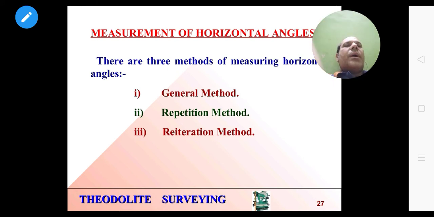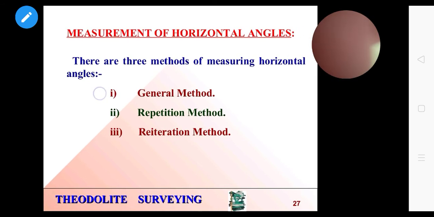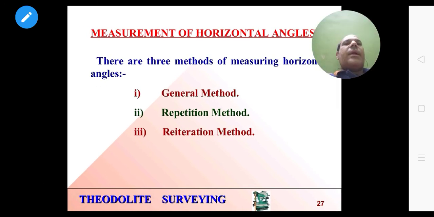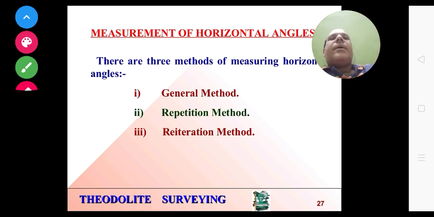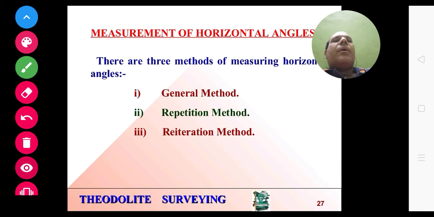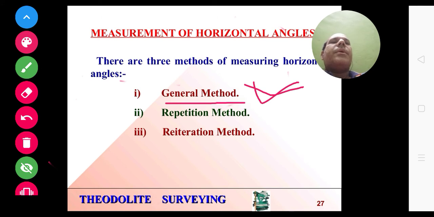Now, how to measure the horizontal angle with the theodolite. The first two methods are there in your syllabus: the direct method, which we can call the direct method or general method, and the second is the repetition method.